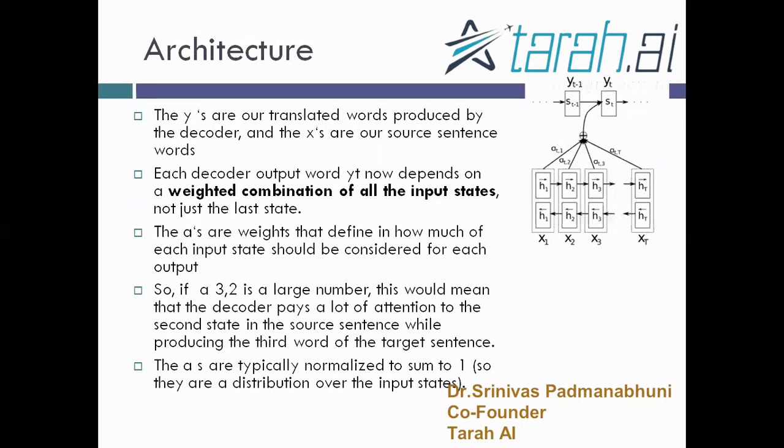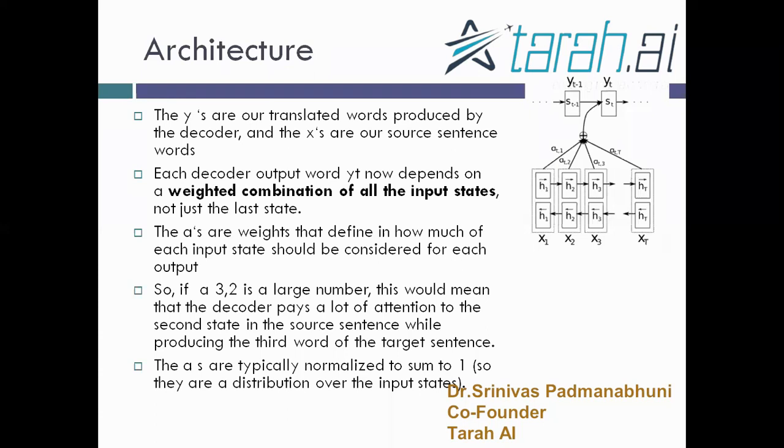So here, as you can see, there is this encoder-decoder architecture, but you need to understand that the attention mechanism is in addition to the encoder-decoder architecture, which is mapping input x1 to xt to y1 to yt.